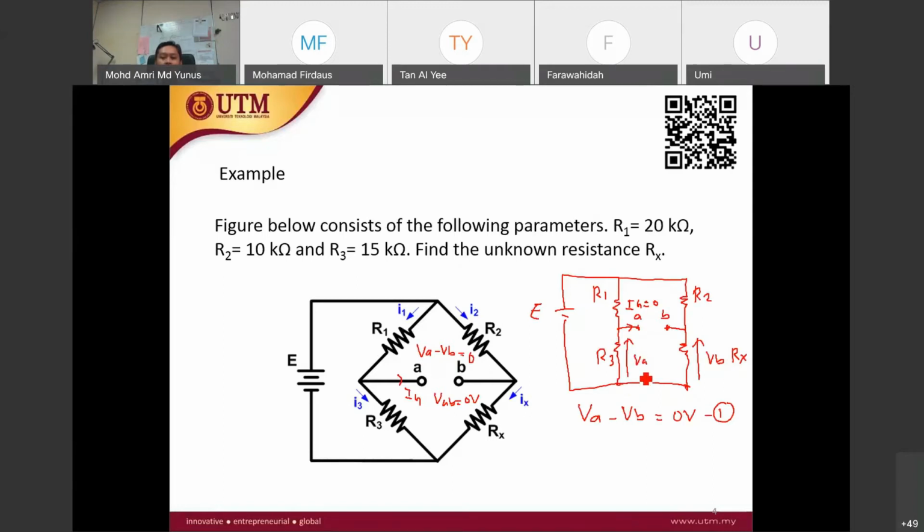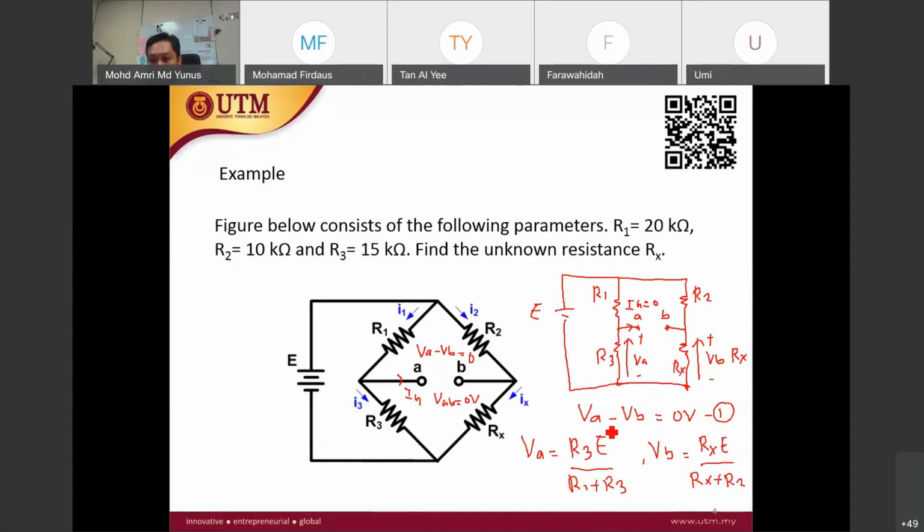VA is equivalent to R3 multiplied with E over R1 plus R3, while VB is equivalent to Rx, the unknown value, multiplied with E over Rx plus R2.